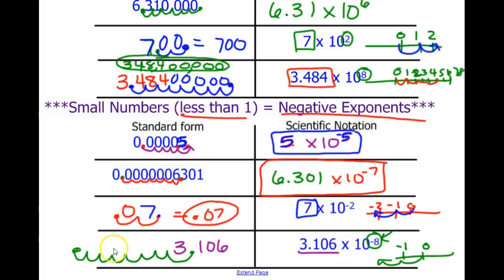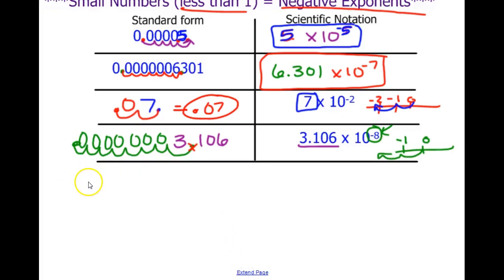Put a dot there. It's our decimal. And fill in all the loops with zeros. So our answer is now 0.0000003106. If you want to write that out again, you can, but you don't need to. These are really the same number. We move the decimal over.